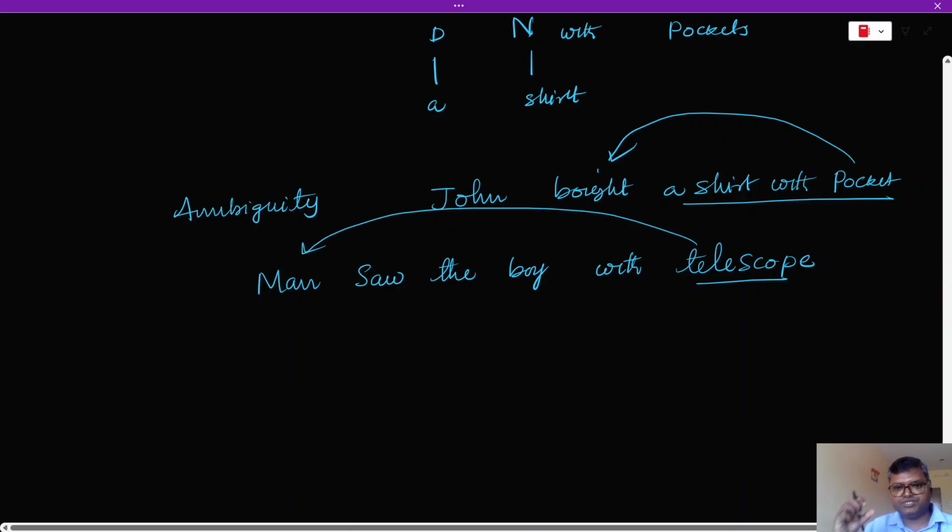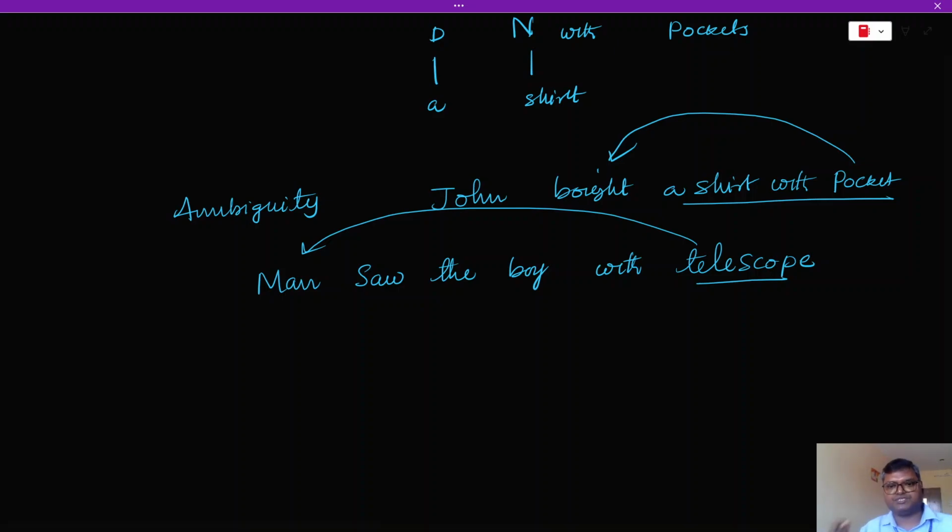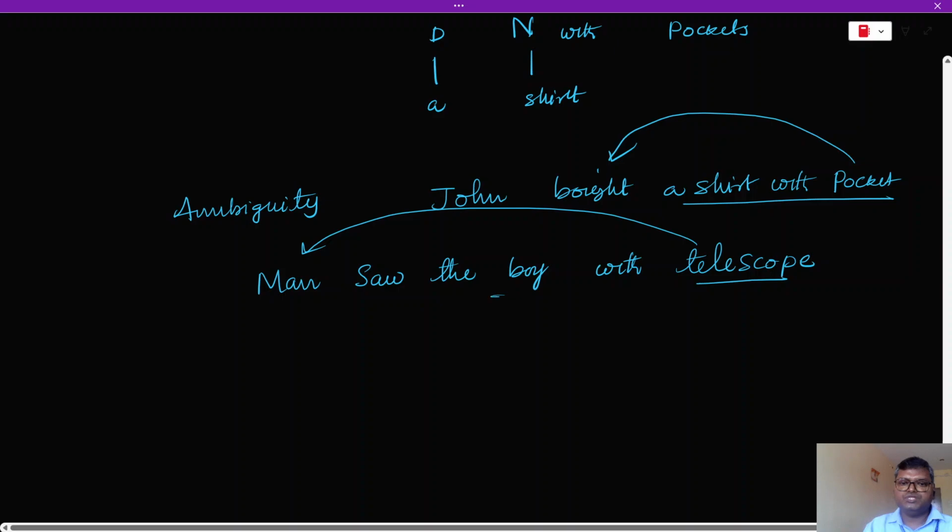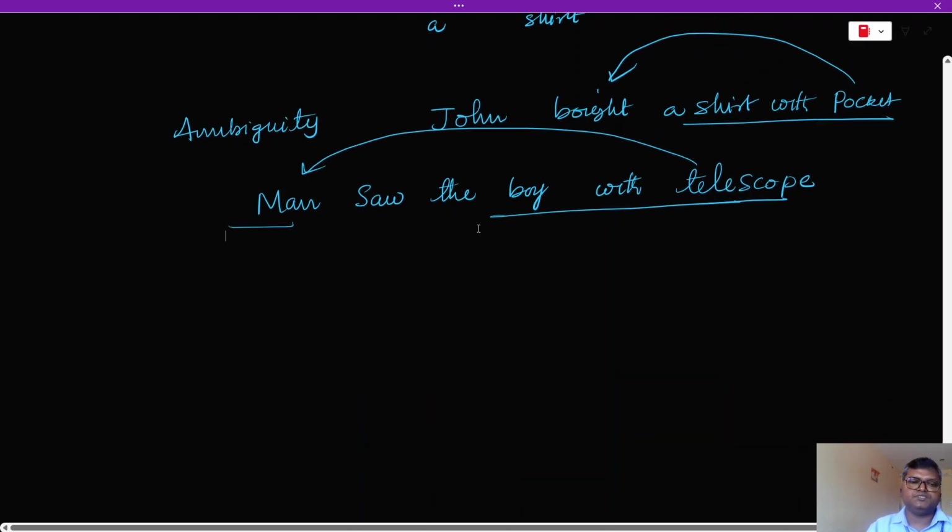Whether he sees the boy with the telescope in his hand, or this boy is handling the telescope and the man saw him. Another ambiguity: she scolded her daughter because she was angry.